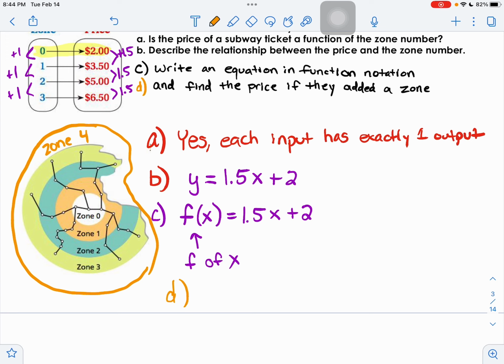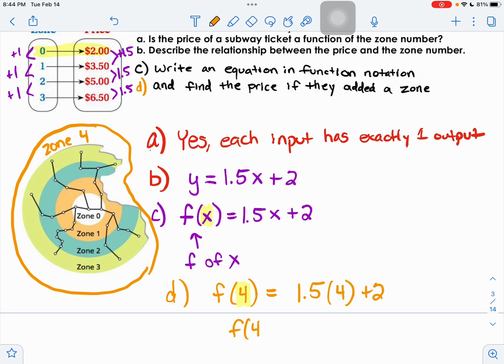So I am going to write that as f of 4. Okay, so all this is saying is that the x value is 4. So this is just a fancy way to write out a substitution problem. So I'm going to do 1.5 times 4 plus 2.